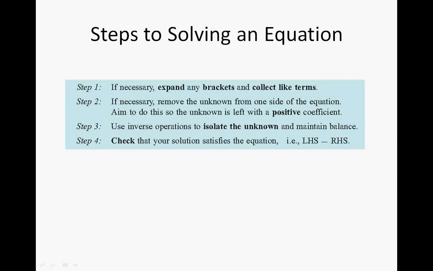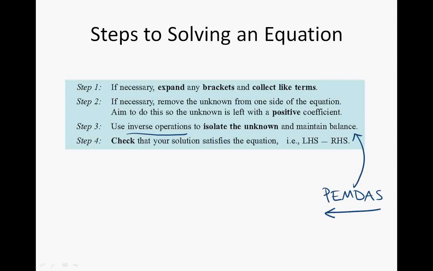Inverse operations means if we're adding, then we subtract; if we multiply, then we divide. It's always the opposite. The way I think about it is inverse operations are performed in reverse order: you start with addition and subtraction, then multiply, divide, then worry about exponents, and then parentheses.